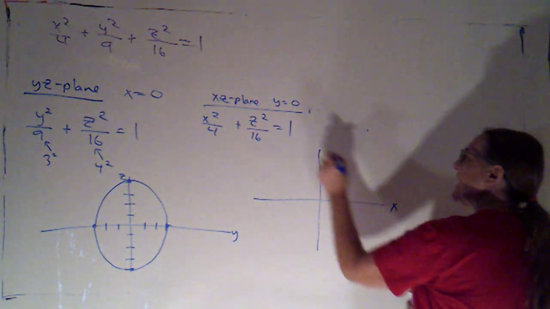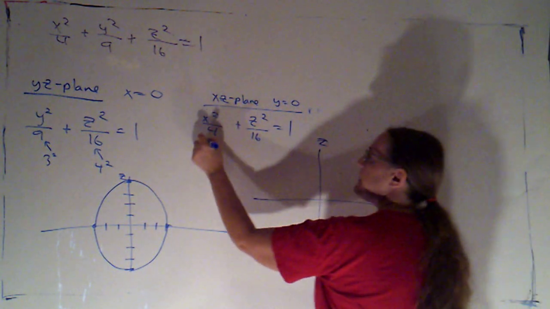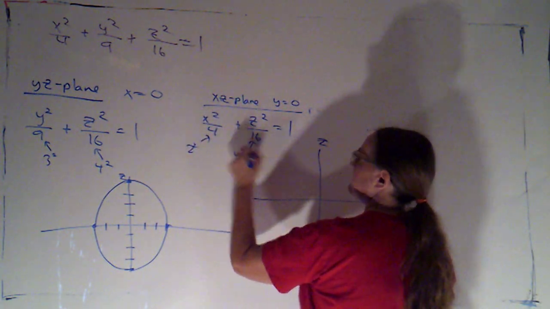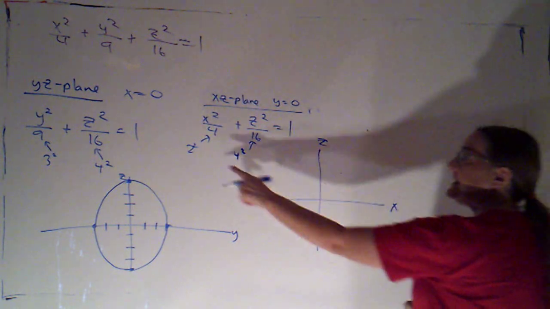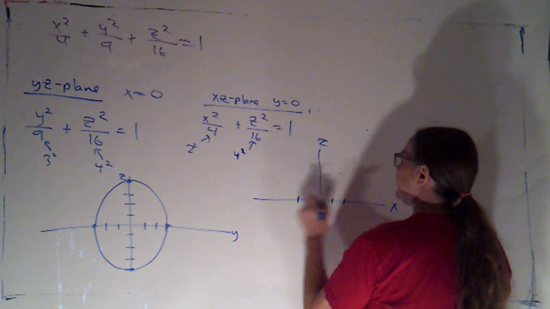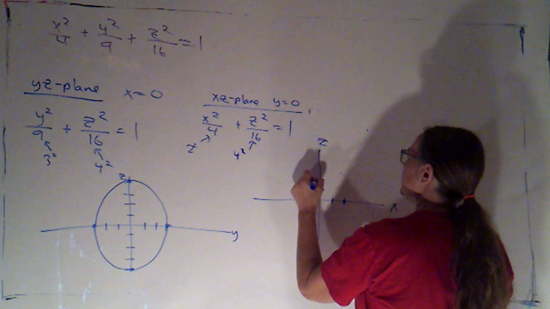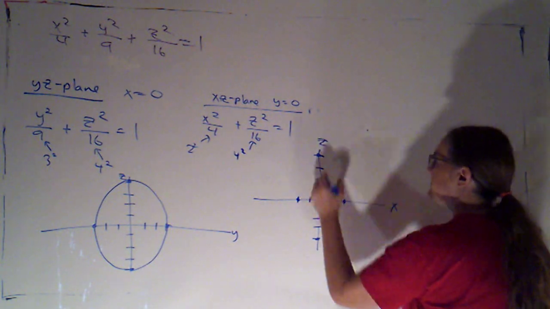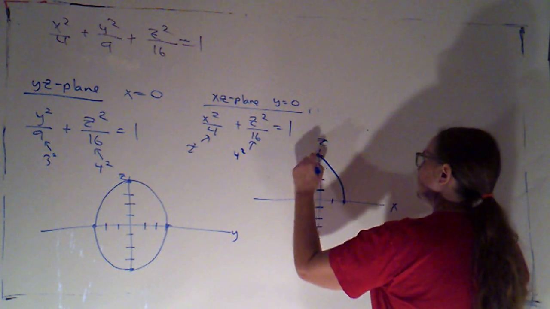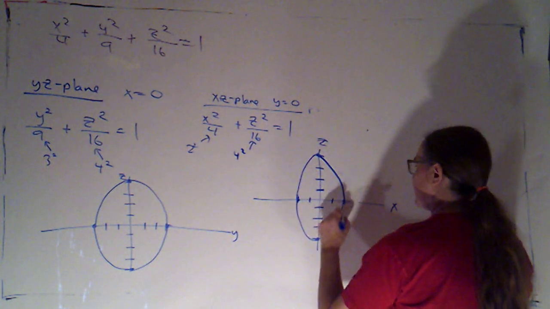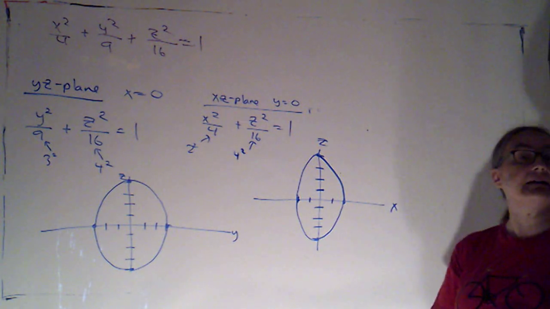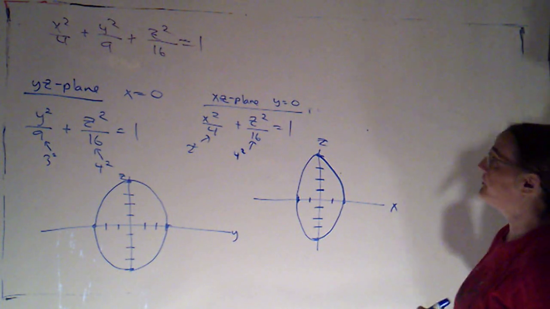Again, centered at the origin, my 4 is still 2 squared, my 16 is still 4 squared. So in the x direction, I'm going to come 2 away from the center. In the z direction, I'm going to come 4 away from the center. Excellent. So I get this ellipse in the xz plane.